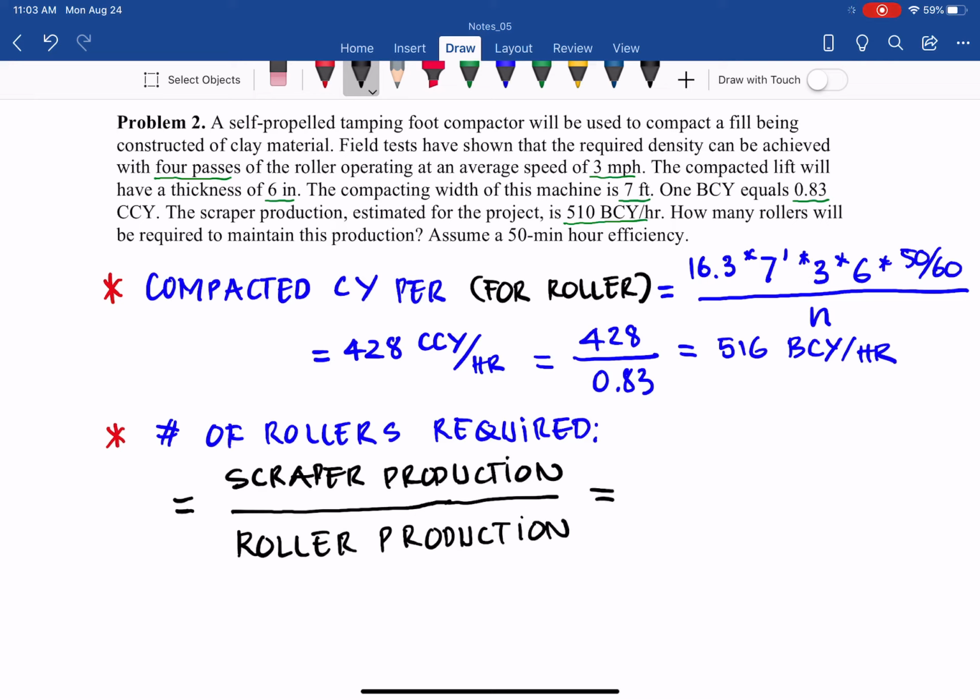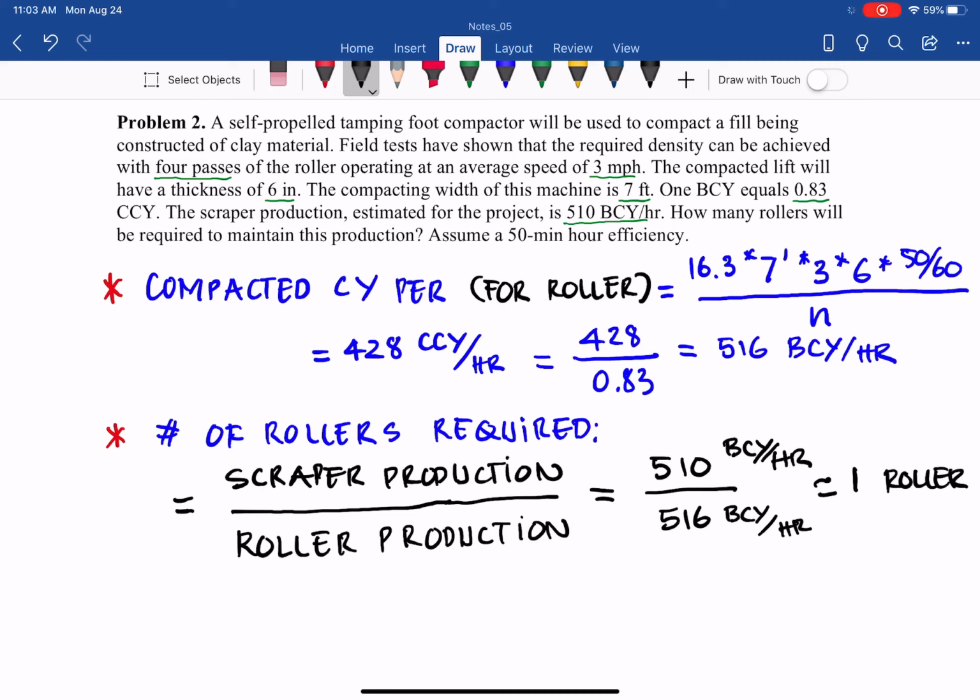So from that we have scraper production 510 BCY per hour divided by 516 BCY per hour. So it's about 1 roller. So the roller production is a little bit more, but you see it is very close.